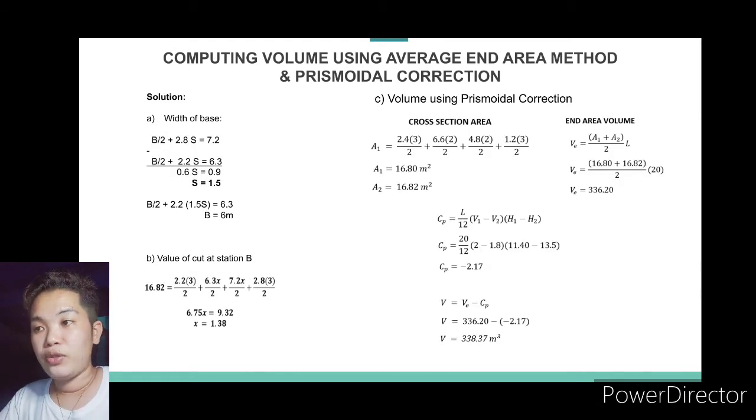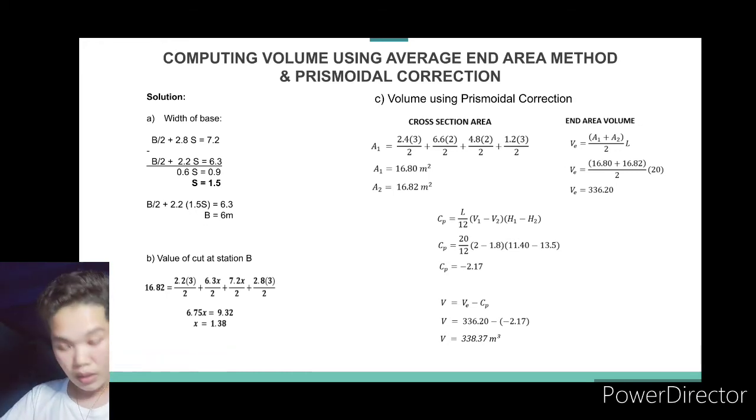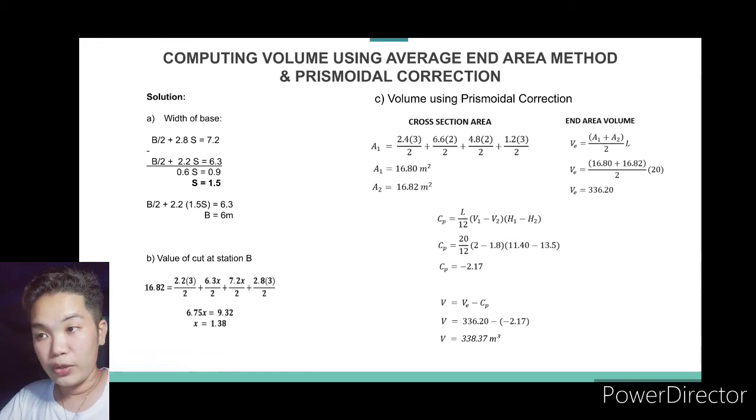So our solution for the computation of the width of the base, we use the equation B over 2 plus 2.8 S, which is equivalent to the horizontal distance 7.2, minus B over 2 plus 2.2 S, which is equivalent to 6.3, the horizontal distance on the left side.